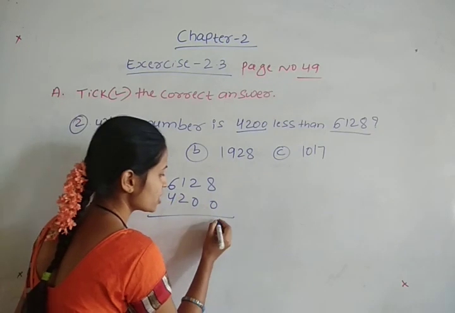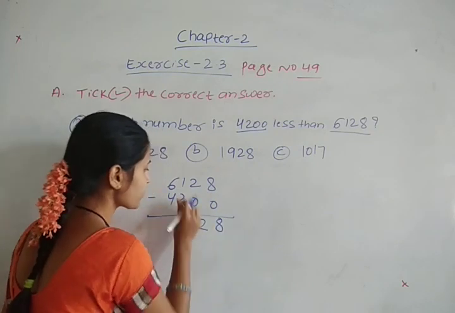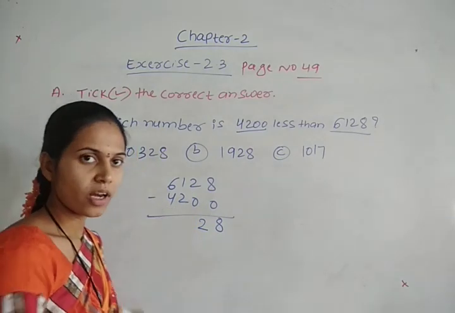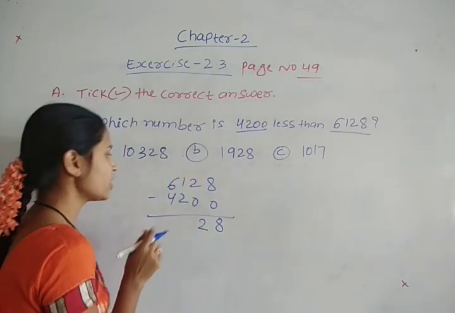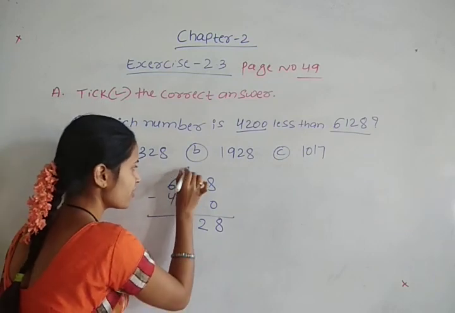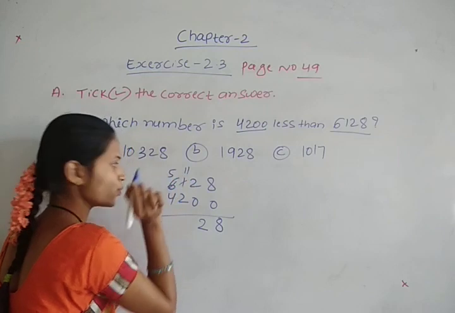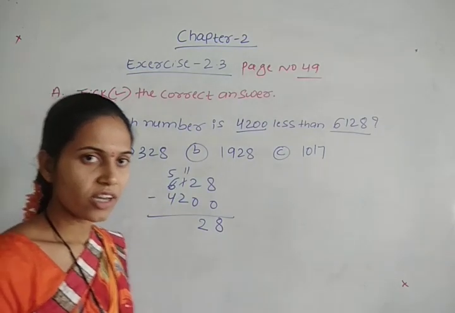8 minus 0 is 8 only. 2 minus 0 is 2 only. 1 minus 2 is not possible because 1 is smaller than 2. For that I will take 1 as a carry from this 6. Now this 1 becomes 11. Here we are left with 5. If you subtract 2 from 11, what you will get?